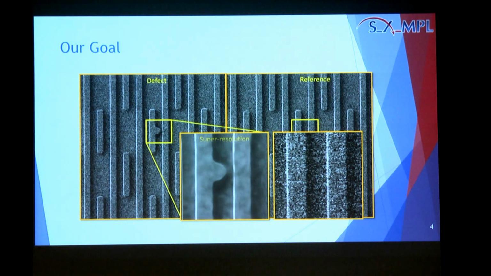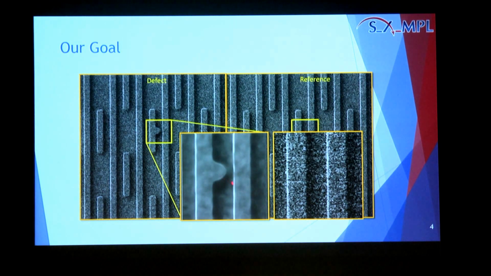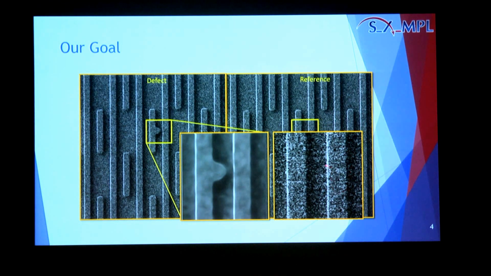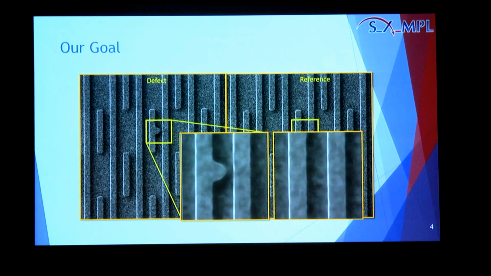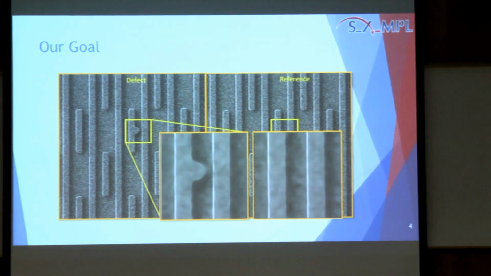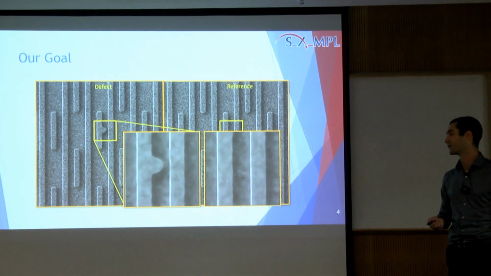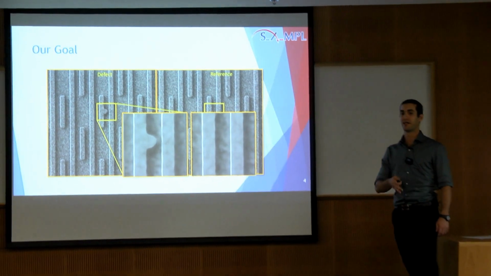The goal is to take a super resolution of the reference image, which means if we take an image of a valid chip and interpolate it into a high-res counterpart, we'd like to create a super resolution version of it, meaning a high resolution version of the reference without actually investing the time and money in acquiring a valid chip.